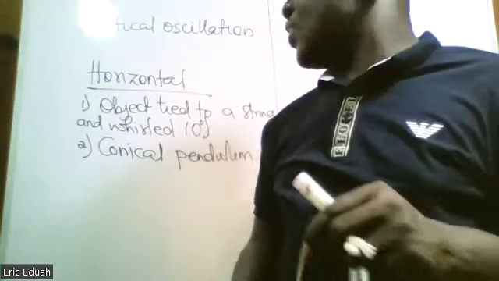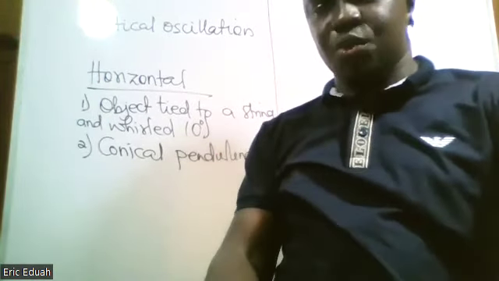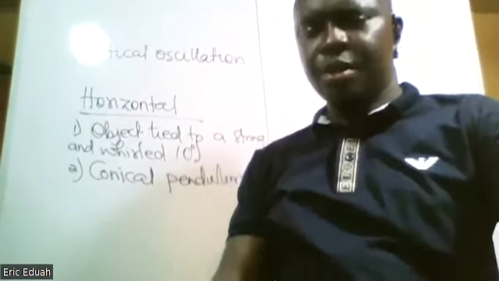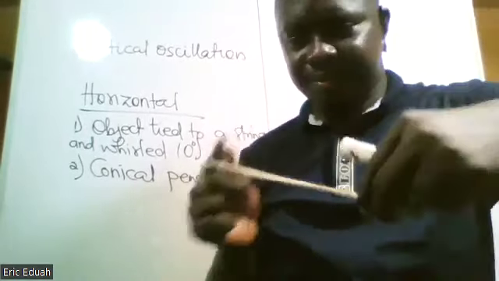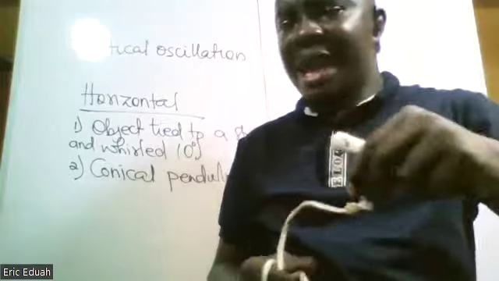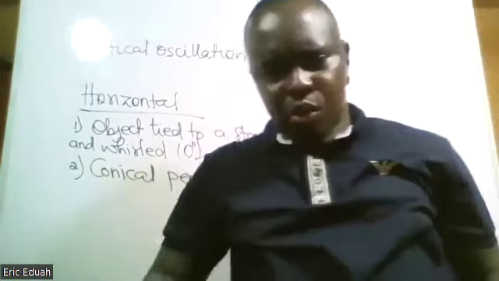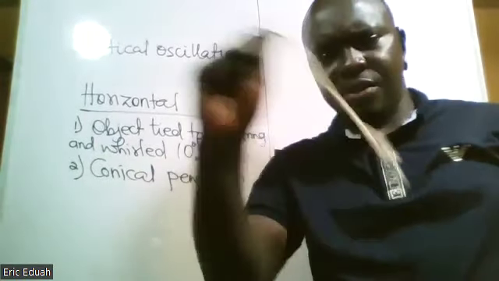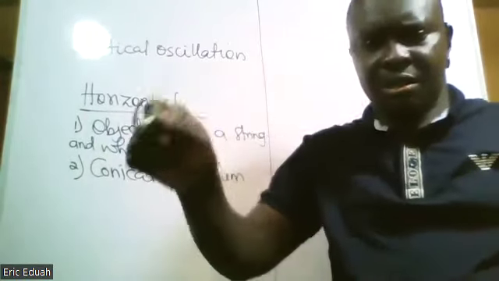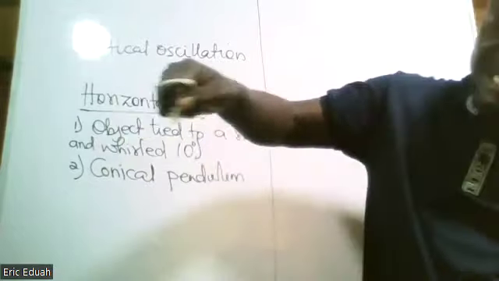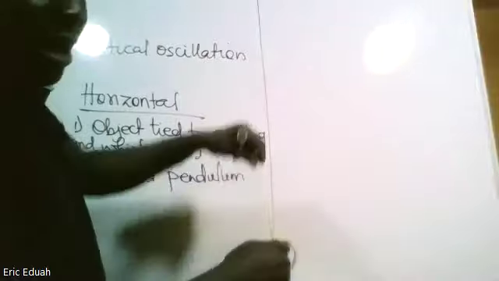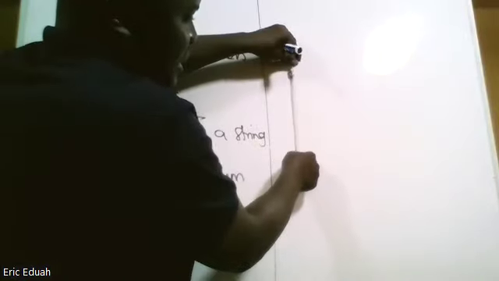For vertical oscillation or revolution, this is what we have. Watch the demonstration. This time, the object moves along the vertical plane, up, down. The board is a vertical plane. So look at it. The revolution is like this, along the vertical.